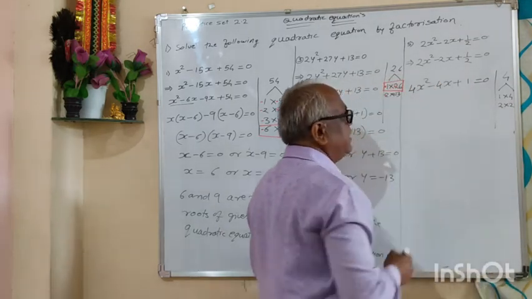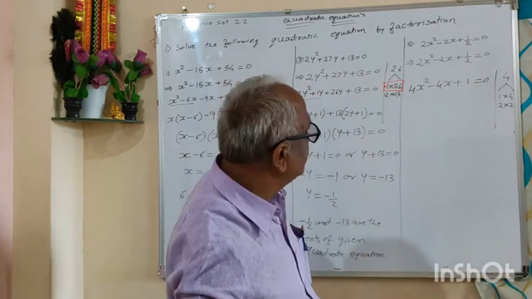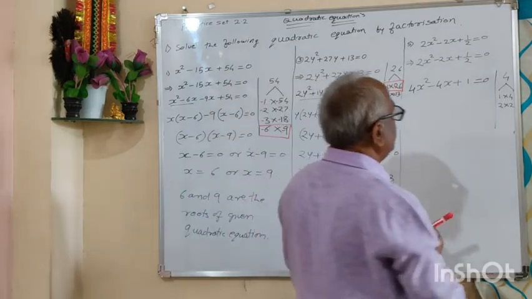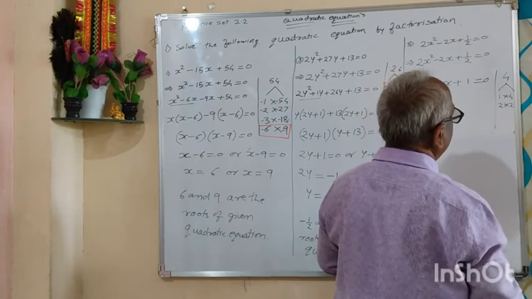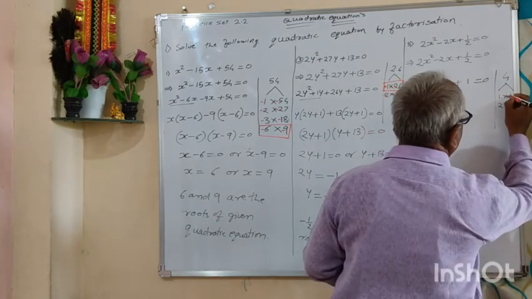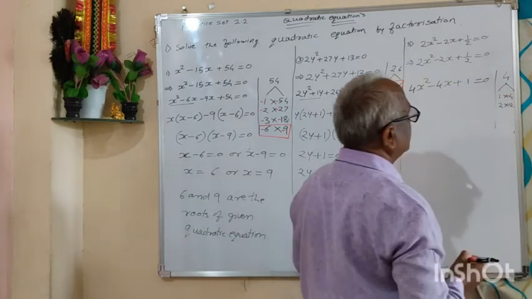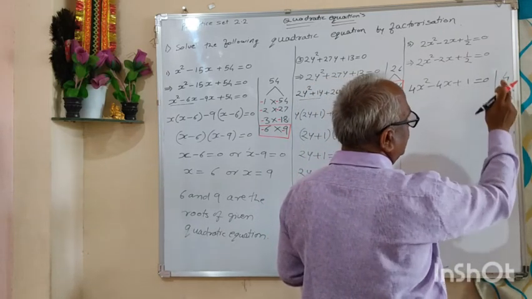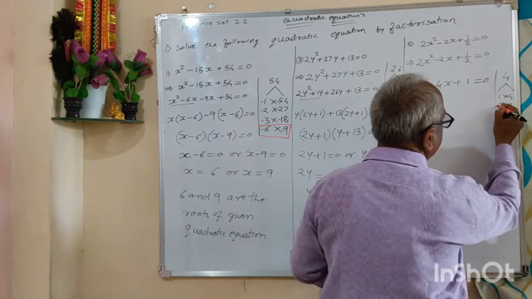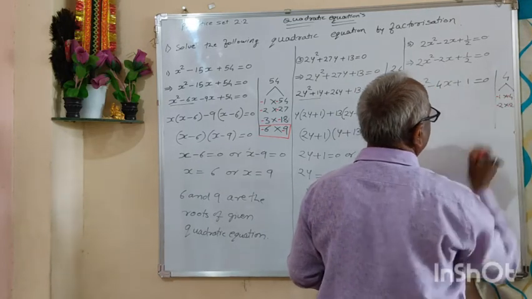Now the middle term sign, that is a minus sign, is there, so give it to the greater number. Here minus 4 is greater, here both are the same, so give the minus sign to any one of the digits. So now here the product is plus 4: minus into minus is plus.